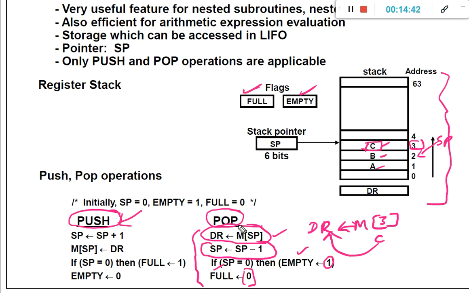Similarly, during the pop operation, if you keep on deleting the elements, if all the elements are over, then you need to check whether the stack is empty or not. If the stack is empty, you cannot delete any more elements.